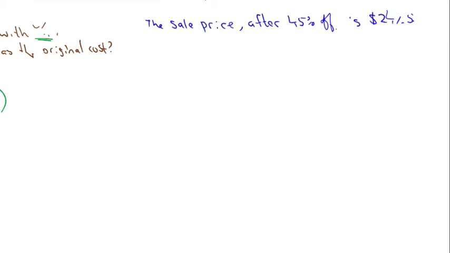Ooh, I could do a combination of tax and sale. No, I'll have to design one. That would be cool. So the sale price after a 45% off is this.